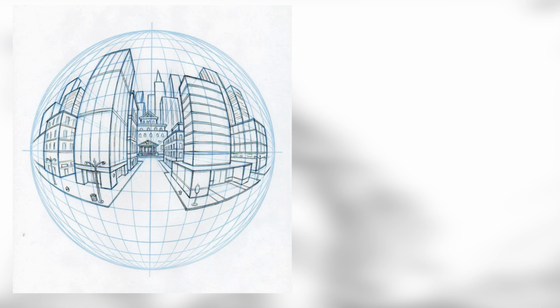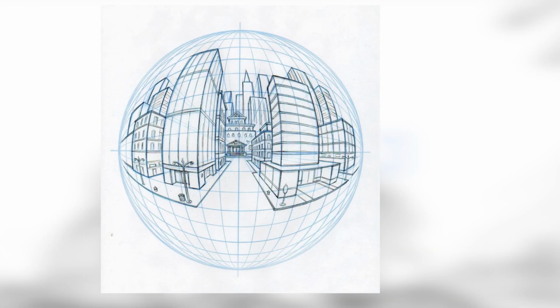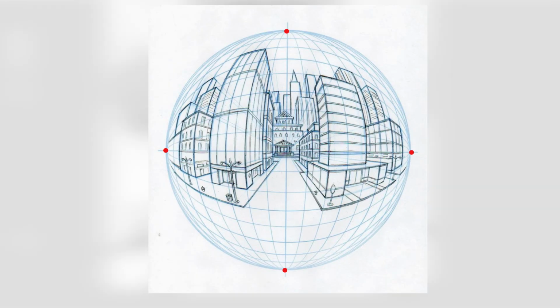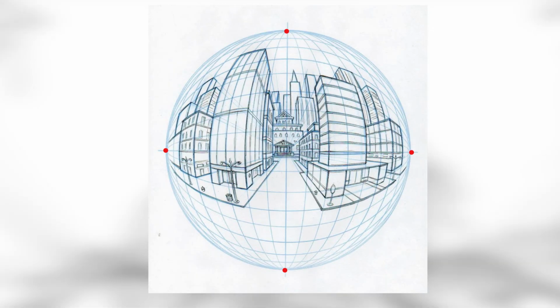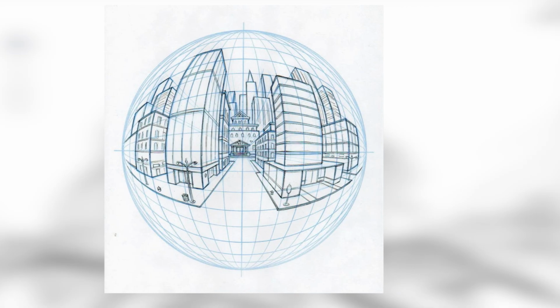Some perspectives are also non-linear or don't always go with straight lines. Some perspectives can be curved, like in a curvilinear or fisheye perspective, where the perspective warps in almost a spherical way. The rules are still the same, but the vanishing points are at the ends of the grids, and the connecting lines are now curved, sort of like a hemisphere on a globe.